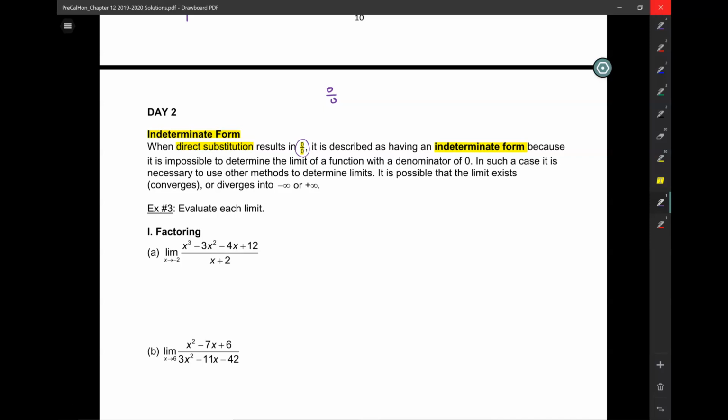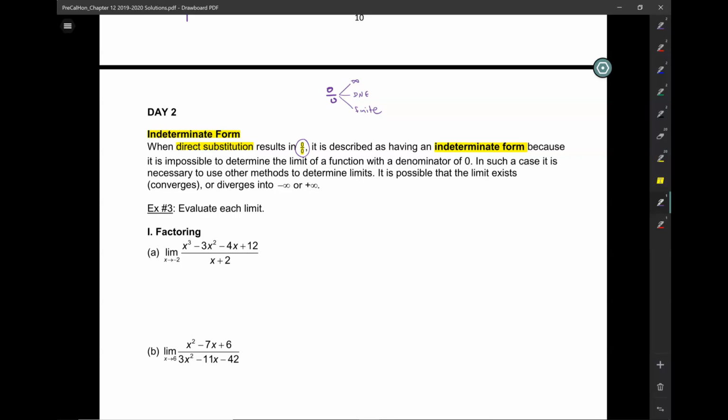can actually turn into a couple of things. It can turn into infinity, it can turn into DNE, or it can turn into a finite value such as 3, negative 3, 5, and so on. So when you get 0 over 0, that actually says nothing about the function.